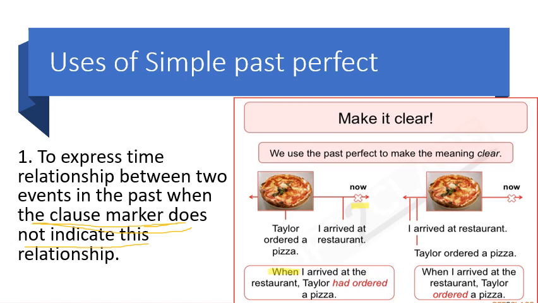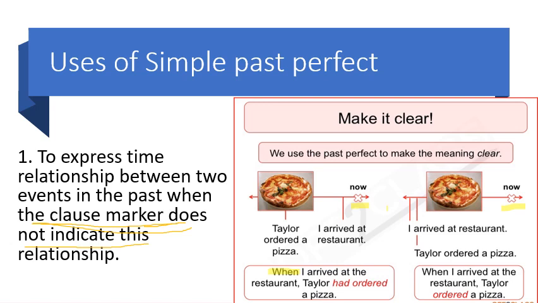Let's compare this sentence with the other one. I have the picture of pizza and this is now, the current moment of speaking. And these are the two events which are before the picture of pizza. I arrived at the restaurant.